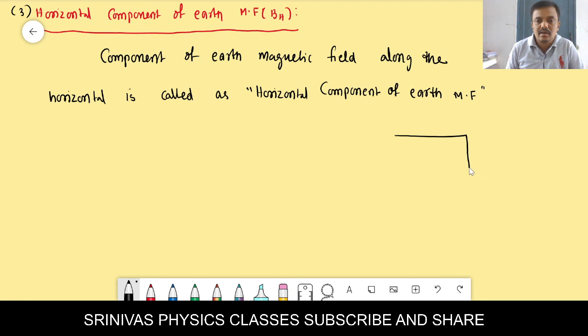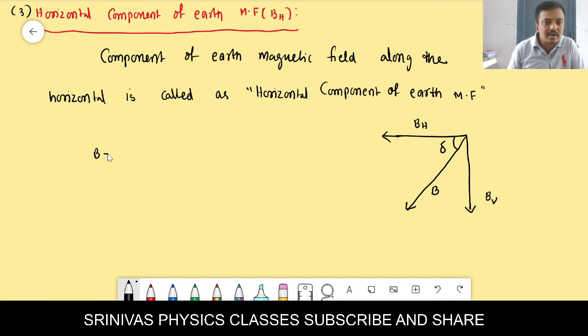This is the net magnetic field. This is the direction of the net magnetic field. It is making some angle with the horizontal, that is, this is horizontal, right? That angle is called the angle of dip. Let us resolve the net magnetic field B into two components. This is the horizontal component BH and this is the vertical component BV.